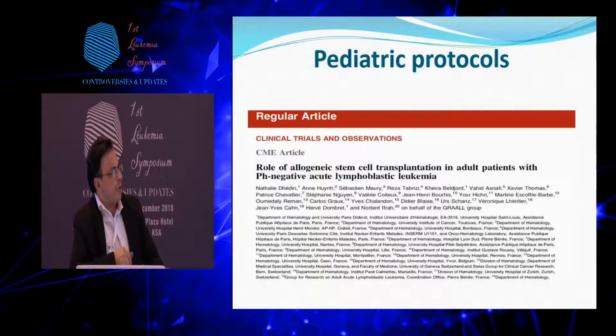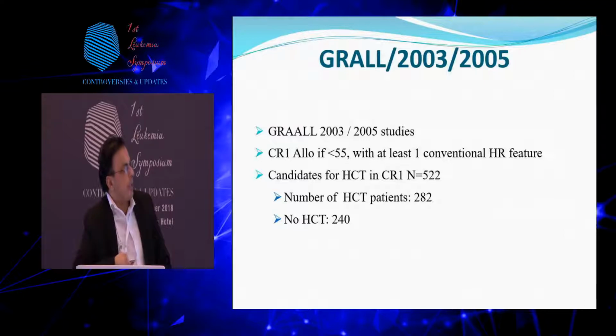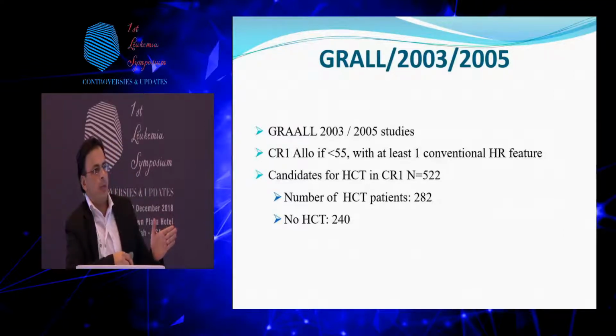So the GRAALL trials are adult patients treated on a pediatric type of protocol, but offered transplant based on the conventional risk factors, the risk factors used in the adult era. In the GRAALL trials, the investigators went back to check who did benefit from transplant.